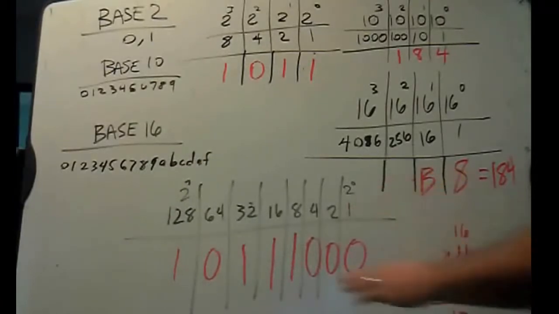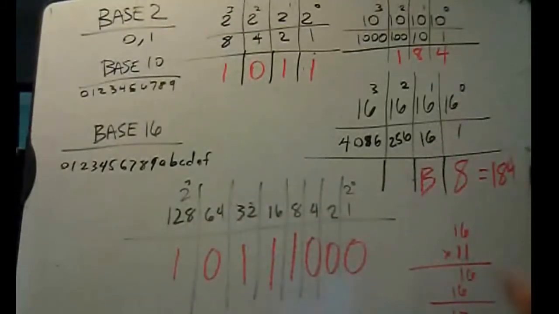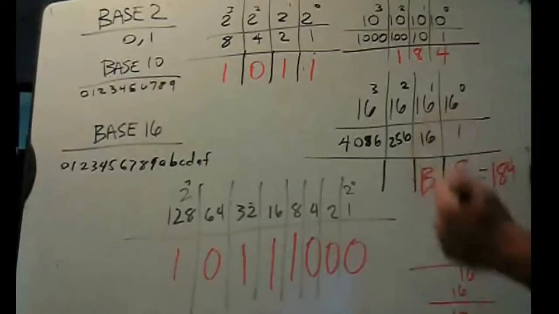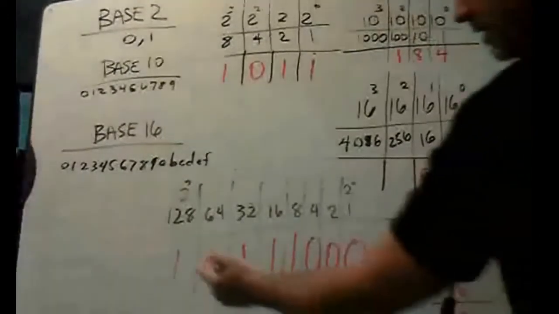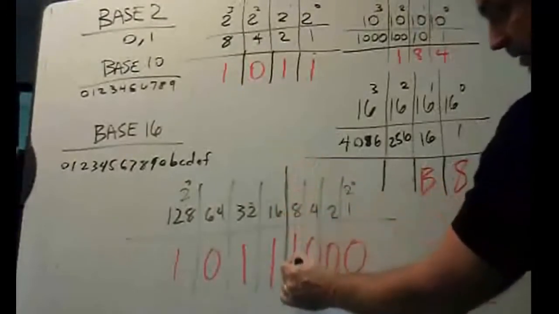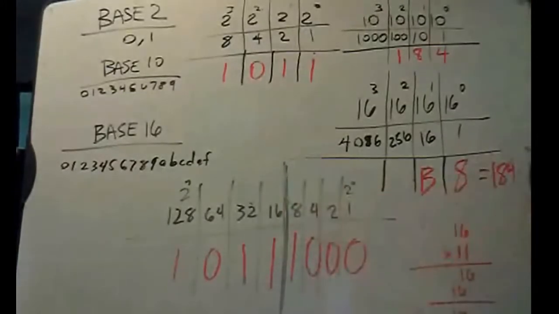Well, if we take these 8 bits and divide them into what's called 2 nibbles, 4 bits each, we can treat each 4 bits separately.